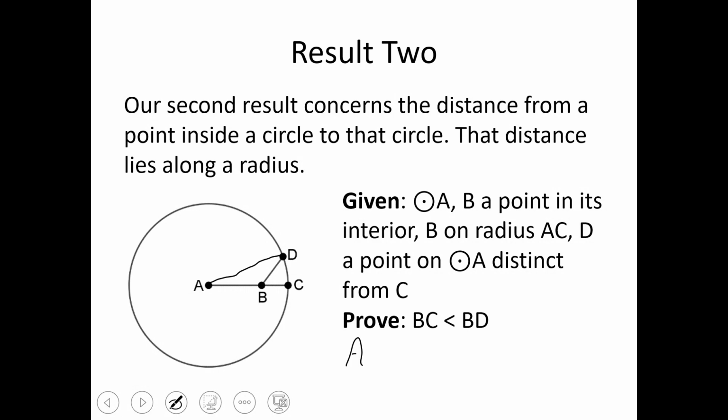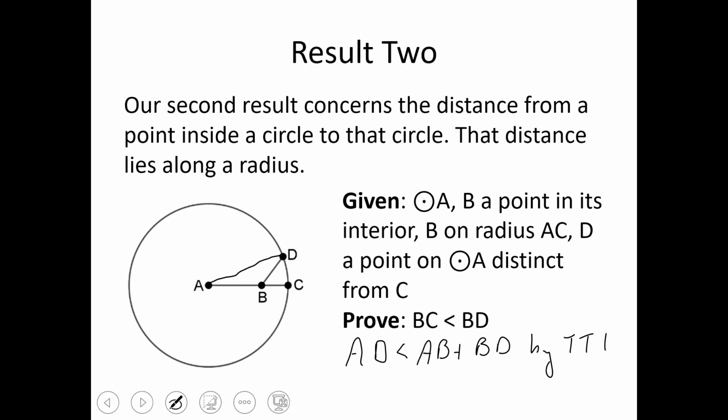Of course, it must be the case that AD, which is one of the sides of triangle ABD, is less than AB plus BD. And I'm not going to write out the whole proof for you. I'll just talk through it with you. So that's true by the triangle inequality. Oops, I spelled that wrong. Silly me. So by the triangle inequality.